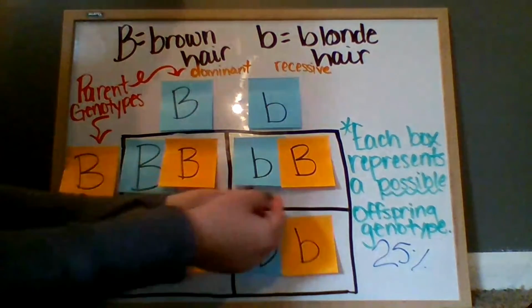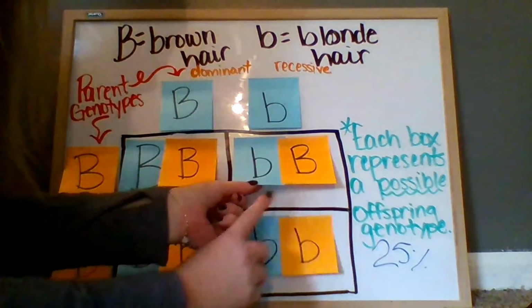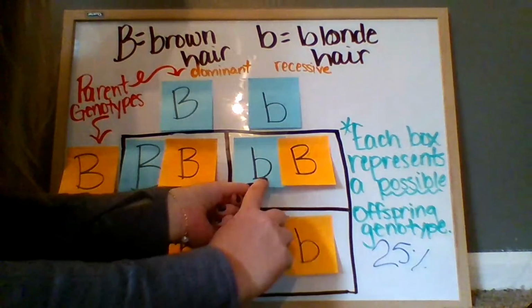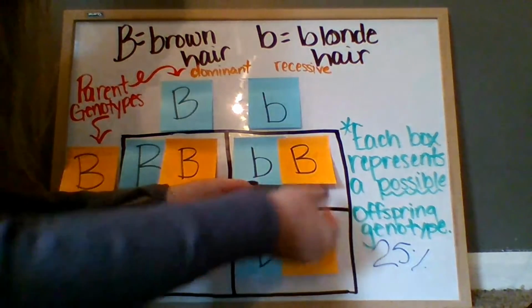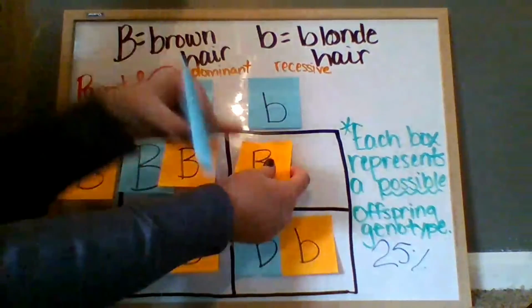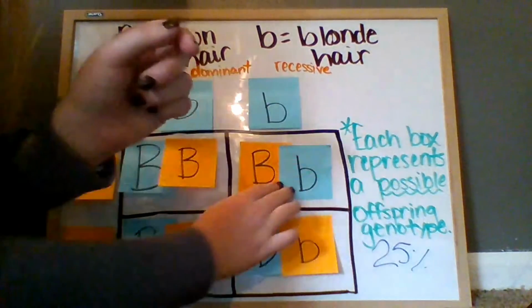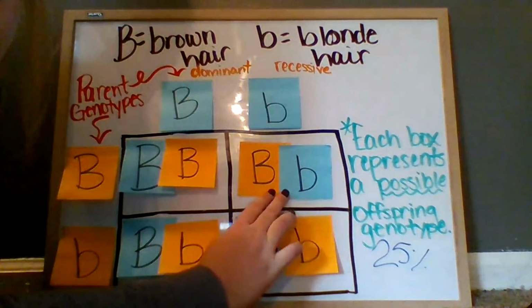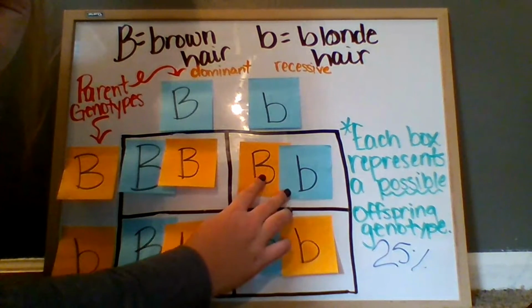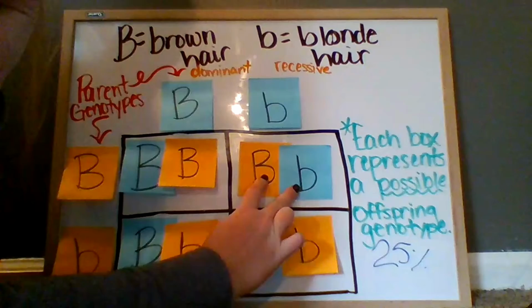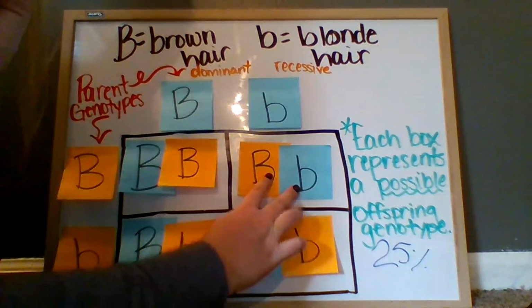One note I'm going to make here is whenever we use genotypes in a capital letter and a lowercase letter scenario, we always want to put the capital letter first. And again, what is this called? Hetero or homozygous? Heterozygous, because there's 1 dominant, 1 recessive allele, and hetero means different kinds.